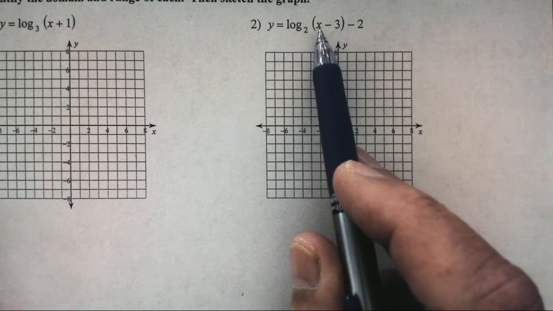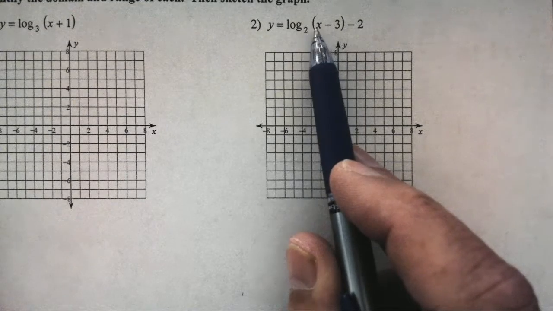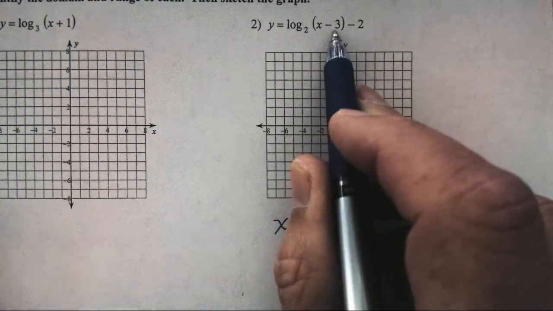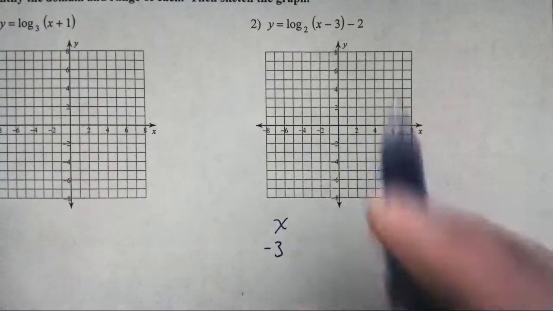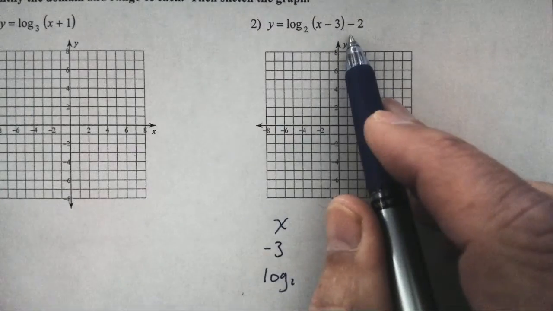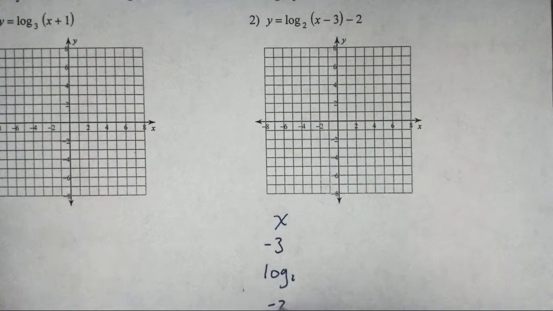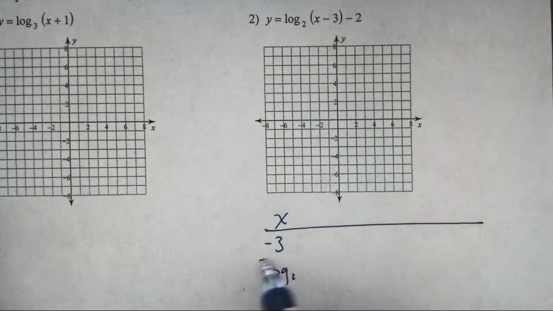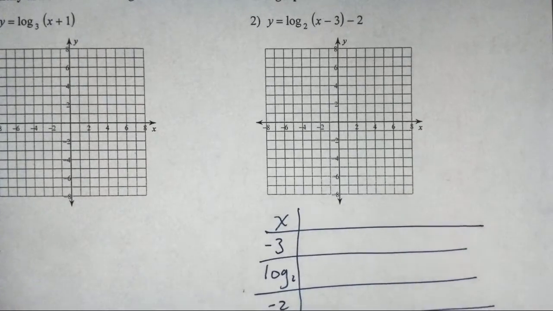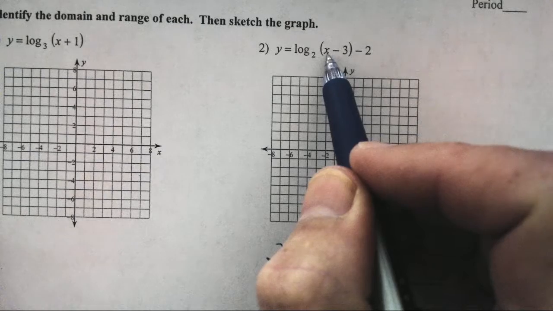If we were just t-charting, we'd choose a value for x, then subtract 3, then take log base 2 of that, and ultimately subtract 2. The whole key to this is I don't really want to choose values for x.